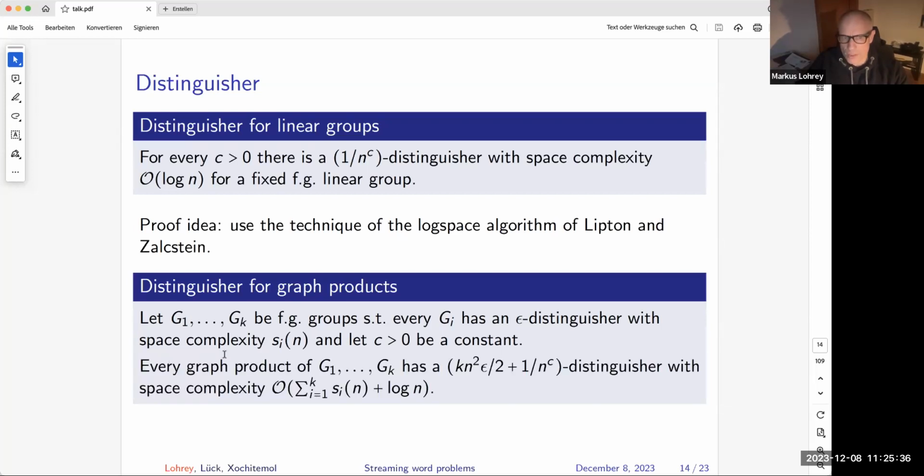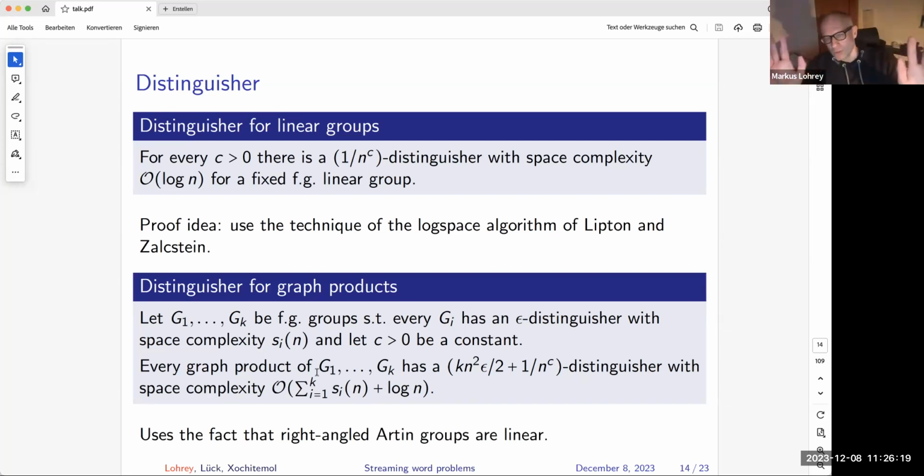Then we can show that every graph product of G1 to GK has again a distinguisher, with space complexity big O of, well, what do you get? You get the sum of the space complexities of all the distinguishers for the factors of the graph product. That's not surprising because you run all those distinguishers basically in parallel. And then another log n enters here additively. This log n comes from right-angled Artin groups.